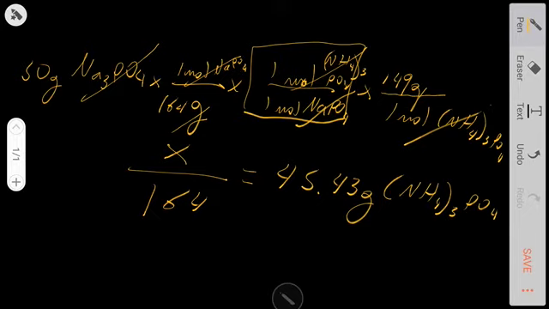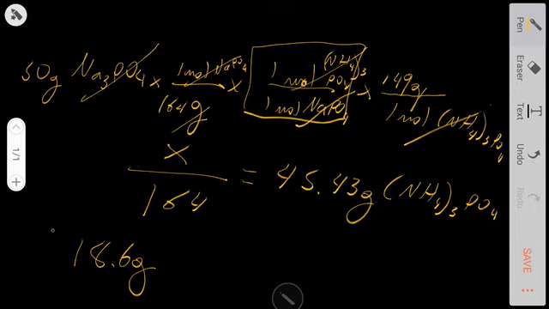I can already see, if I compare it to the first thing that we did, seeing how much ammonium phosphate I could make with 30 grams of ammonium nitrate, for that I got 18.6 grams. If you look up, that's the first thing we did.